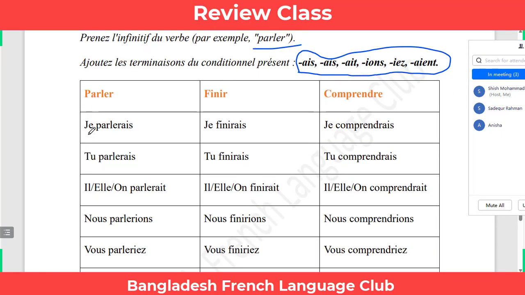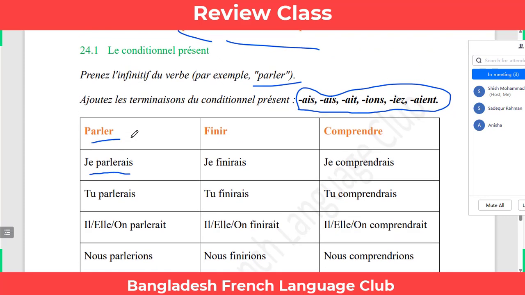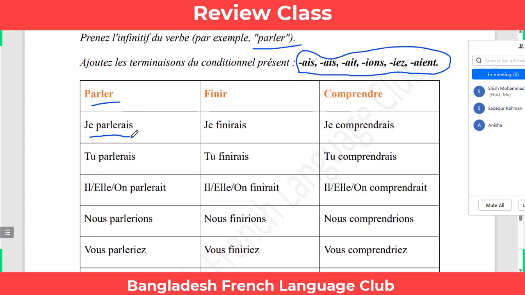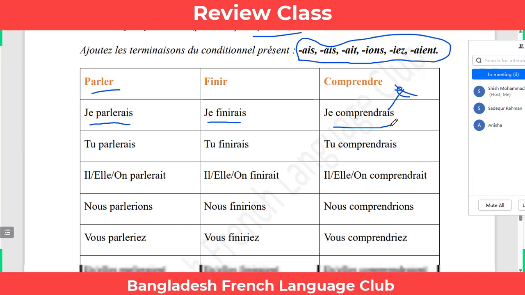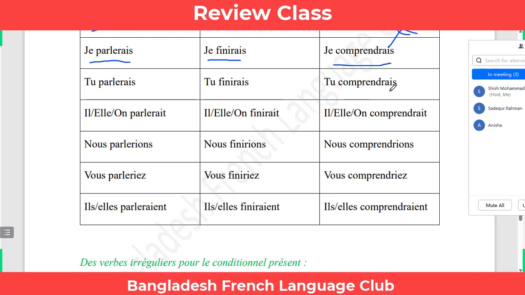Parler, je parlerais, I would speak. Finir, je finirais. Comprendre, je comprendrais. Here there is a little change: the e is removed from comprendre.